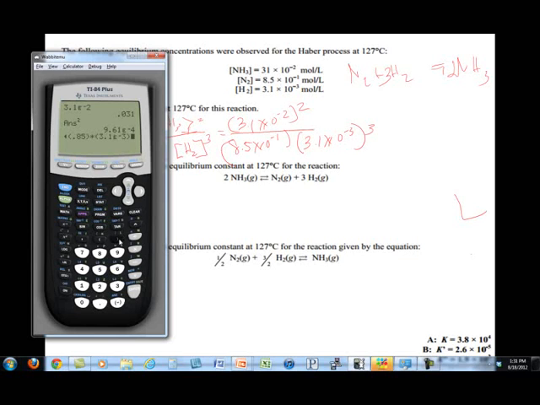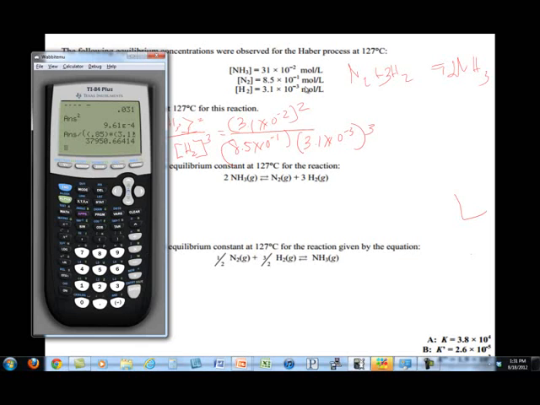I'm going to close that parentheses, raise that to the 3, to cube it, move my arrow over, which says I'm done with the exponent, close the exponent.